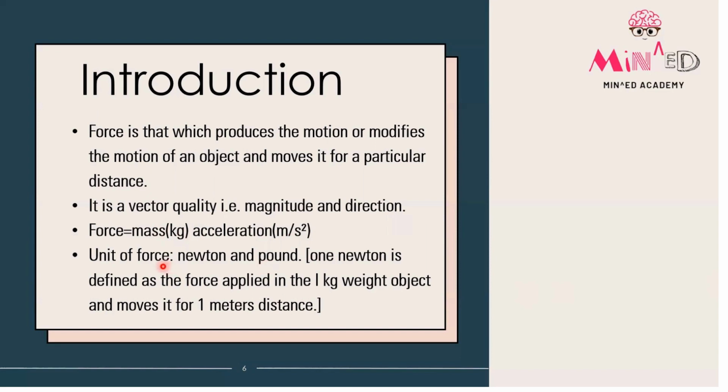And what is the unit of force? Newton and pound. Now, what is Newton? 1 Newton is defined as the force that moves a 1 kg object by 1 meter distance. So as per the definition, Newton is the force that can move a 1 kg weight through 1 meter distance.